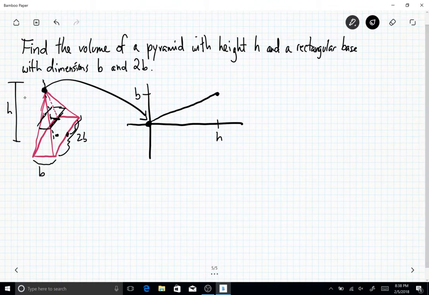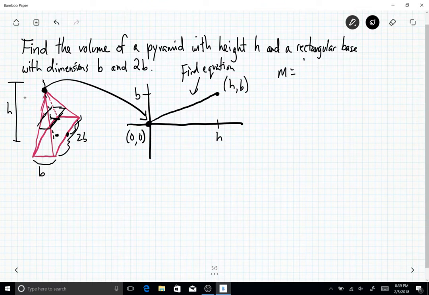Okay. So now we have an equation. We have 0, 0 as one of the coordinates, and we have h comma b as the other. And so we can find the equation. First we find the slope.